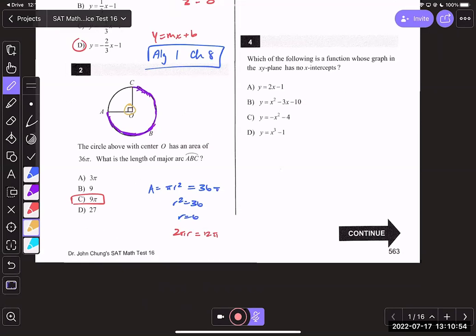Any questions here from anyone? Any questions between either this one or problem number 1? So this is something that you should have learned in pre-algebra, when you work with the equations of circles in general for the first time.